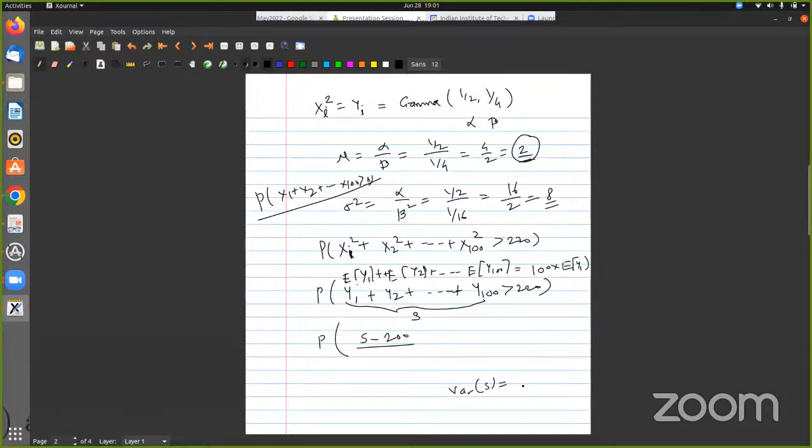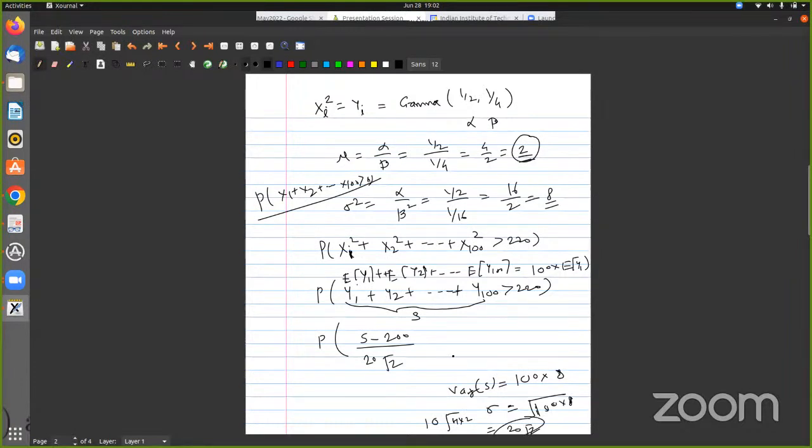It is 100 times the variance of y, which is 8. So what is the standard deviation then? Under root 800, or 100 into 8, correct? This is 20 root 2, right? Because the root of 100 is 10, into root of 8, I can write it as 4 into 2, which is again 2 outside, so 20 root 2, right?